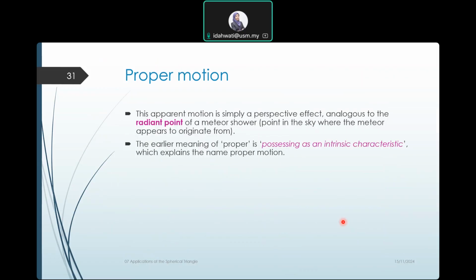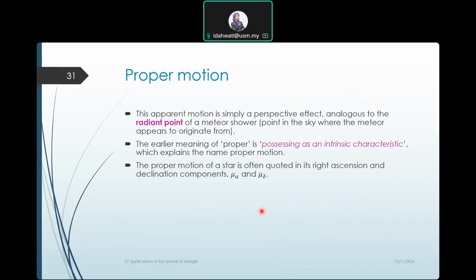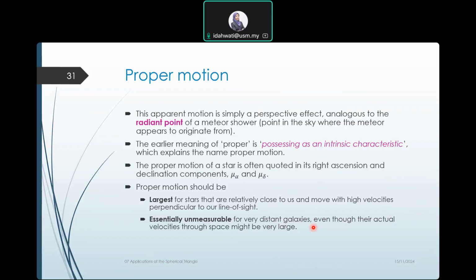The apparent motion of the sun towards the solar apex is a perspective effect, similar to how meteors appear to radiate from a single point in the sky.